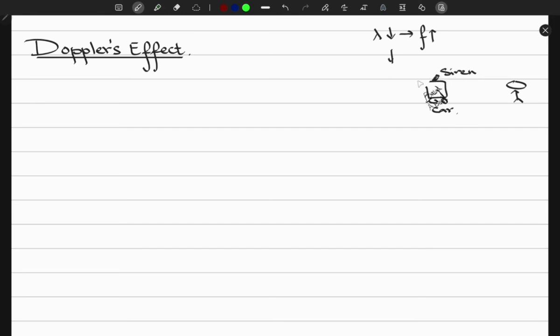Because the waves go in every direction, they would be kind of like this, and they have passed you, so they're not congested anymore, and hence the wavelength now will increase, and so the frequency would decrease.